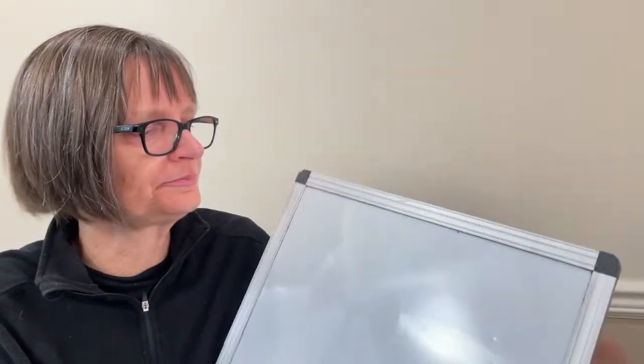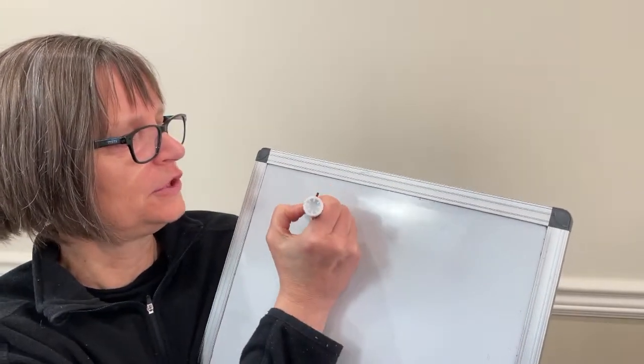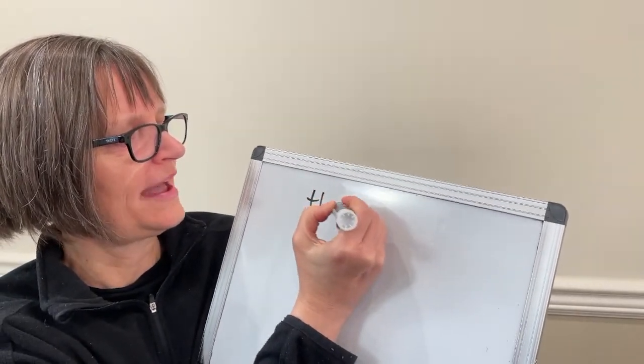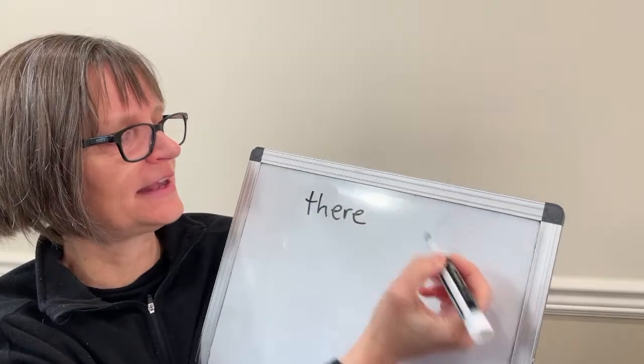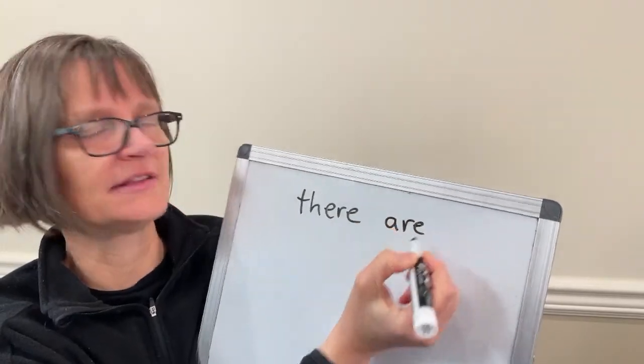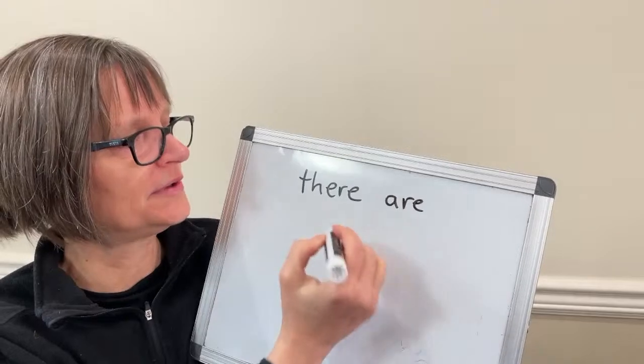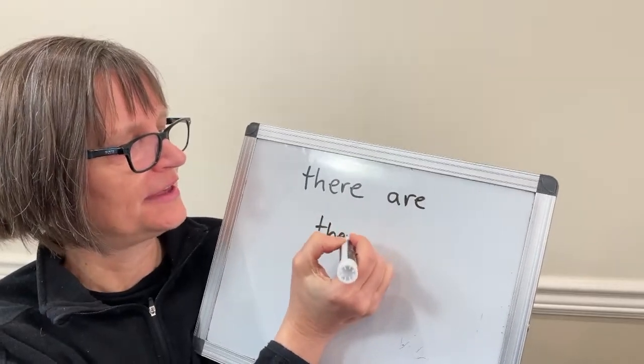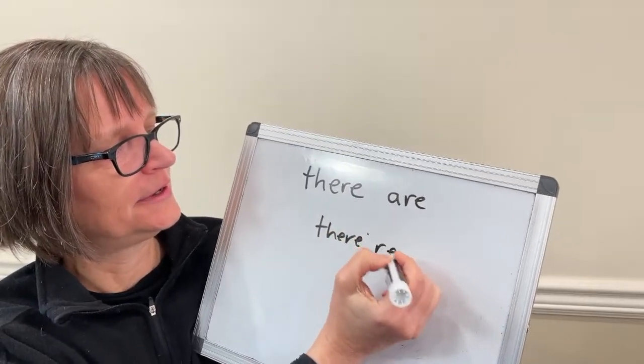So we have a question about the contracted form of there. We don't typically write it as a contraction. We'll write it as there are, but we will say it more as there.